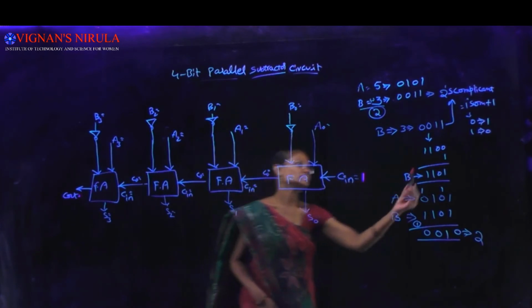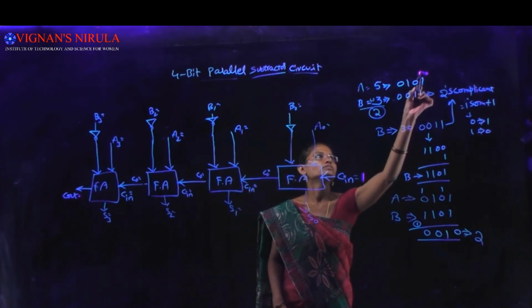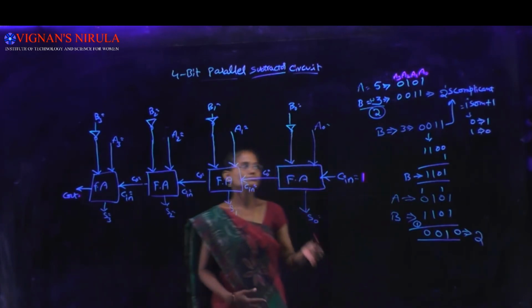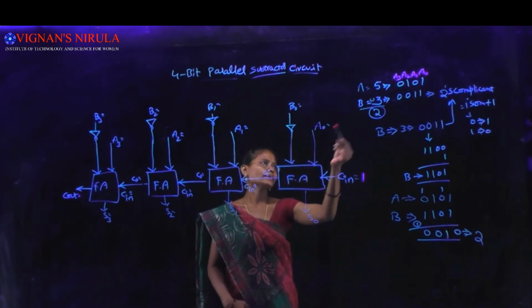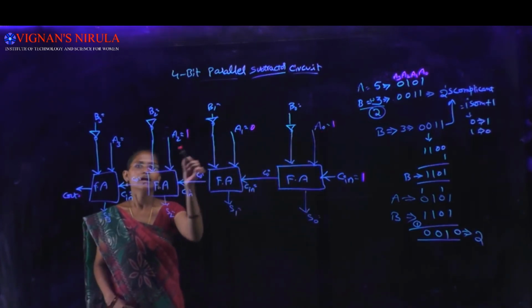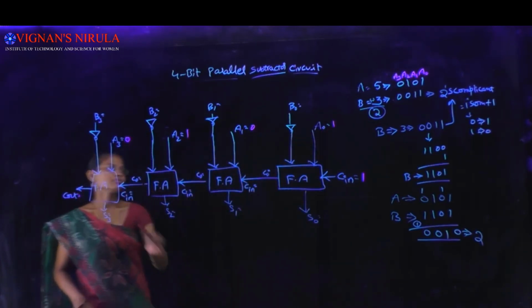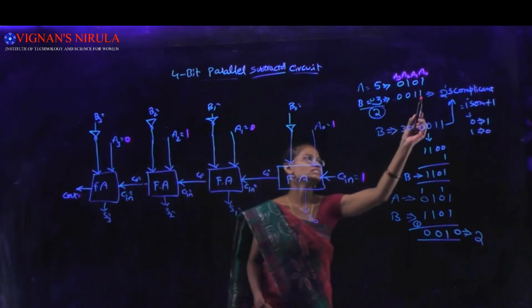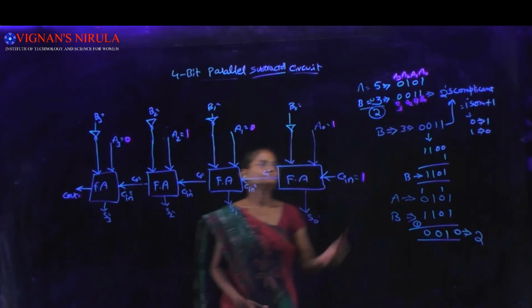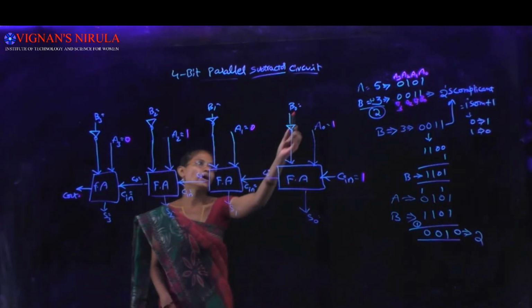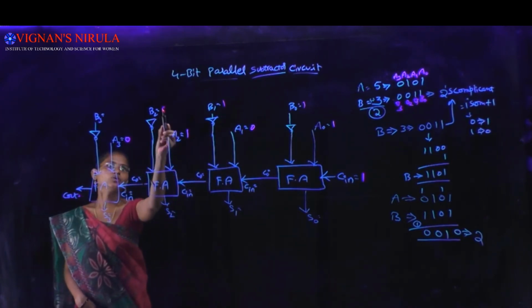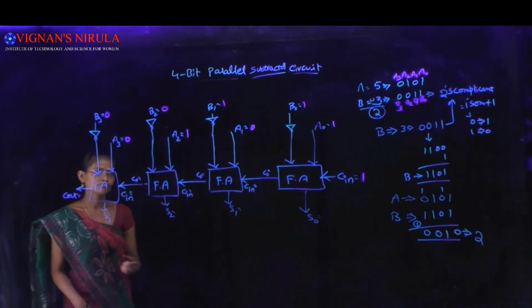Here this is A0, A1, A2, A3. A0 bit is 1, A1 is 0, A2 is 1, A3 is 0. And this is B0, B1, B2, B3. B0 bit is 1, B1 bit is 1, B2 bit is 0, B3 is also 0.